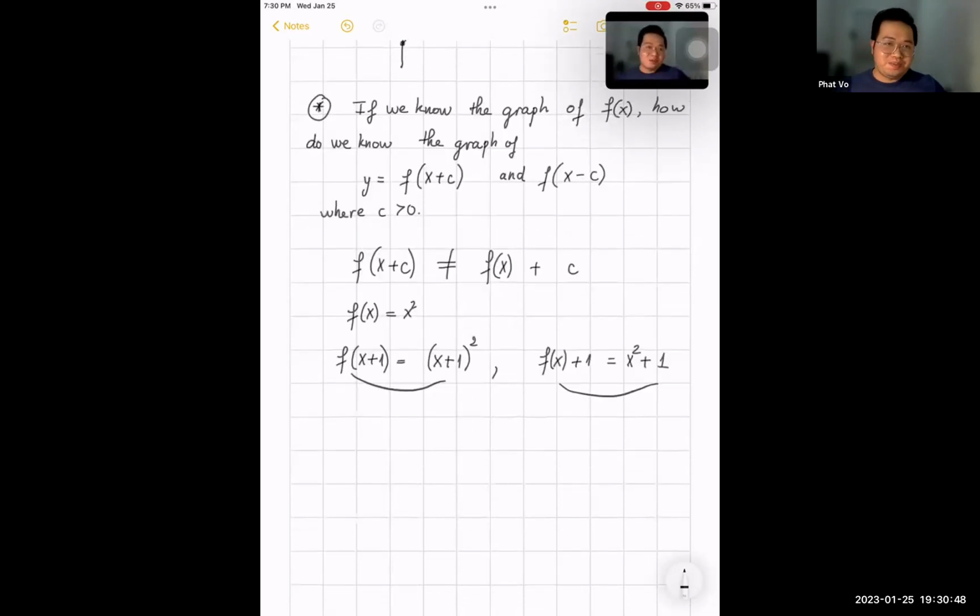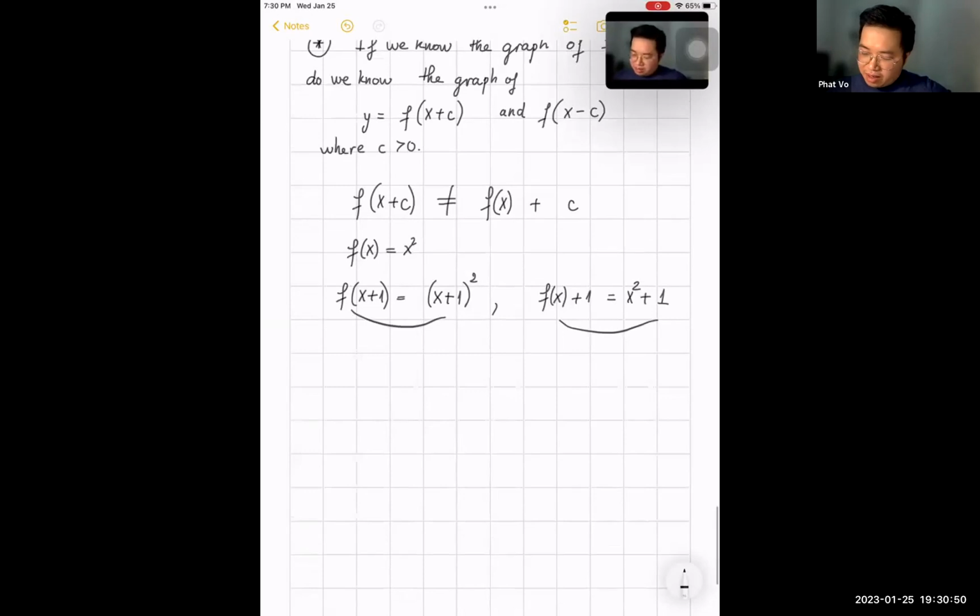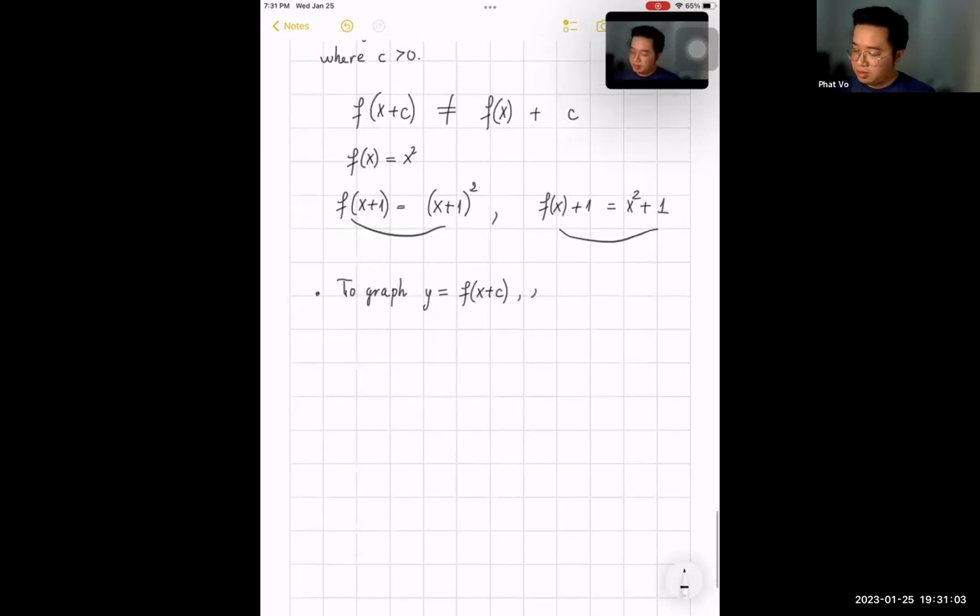So now, what is the rule? I will give you the rule now. To graph the function f at x plus c, you will shift the graph y equal to f(x) to the left c units.